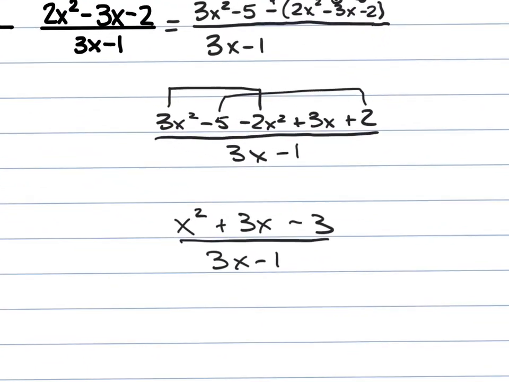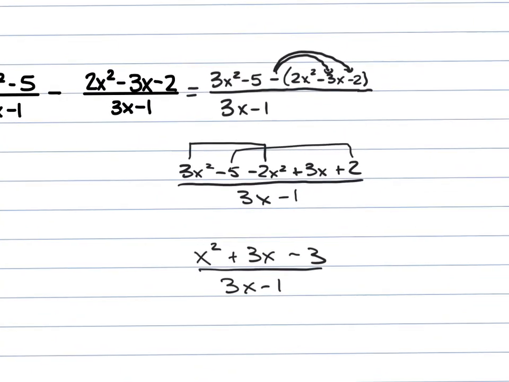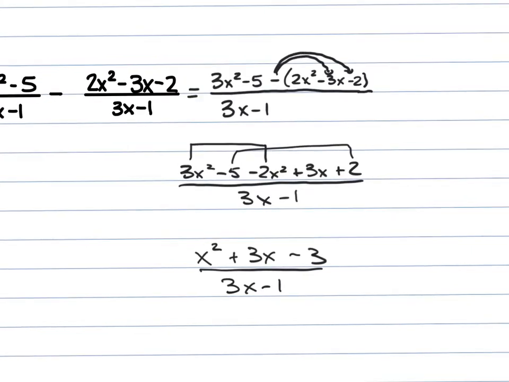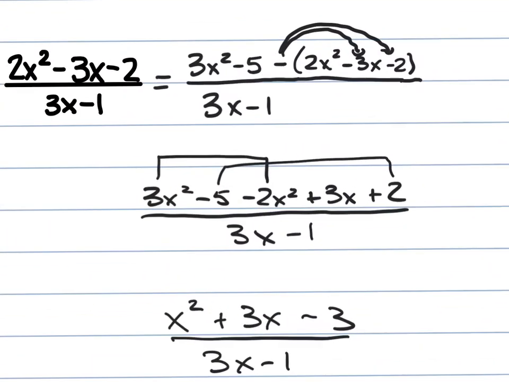Would you get the same answer for the second numerator if you did the factoring? If you factored this right here, back to the very first one, you have to see if it factors. Not everything factors.